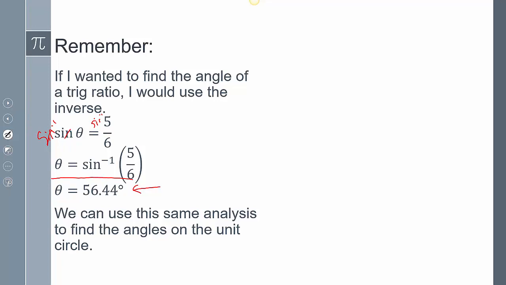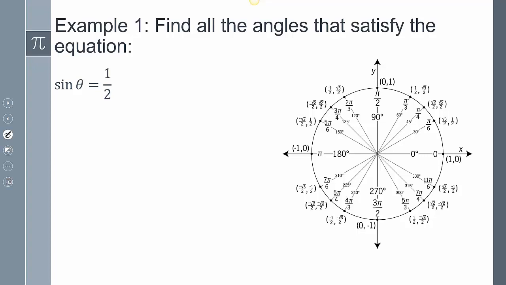Now we can use that same analysis when we're trying to find the angles on the unit circle. So for example, on this first one here, if I wanted to find what theta is, because it says find all the angles that satisfy the equation, taking the sine inverse to both sides, theta equals the sine inverse of 1/2.